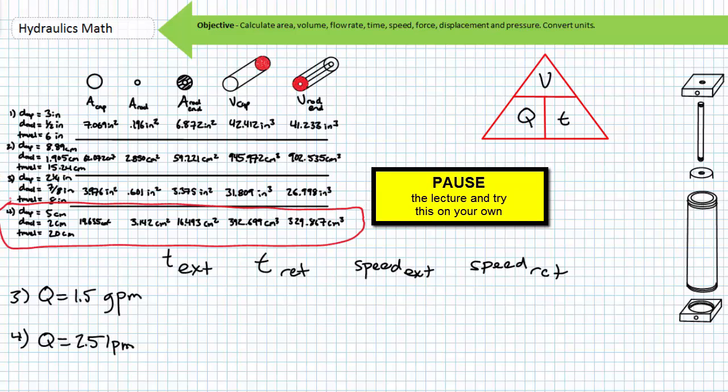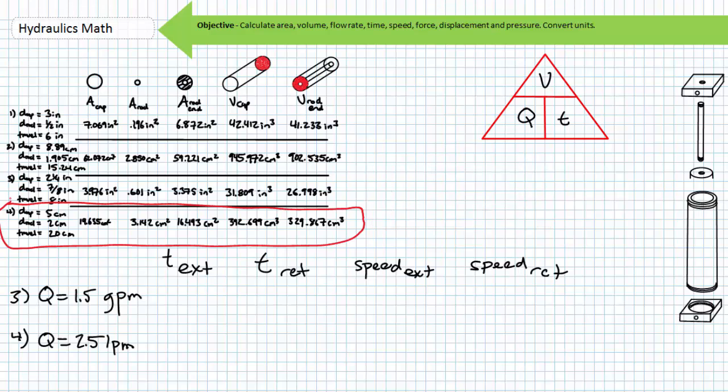Problem 4 uses a cylinder of these dimensions: a cap diameter of 5 centimeters, a rod diameter of 2 centimeters, and a travel length of 20 centimeters, with a flow rate of 2.5 liters per minute.